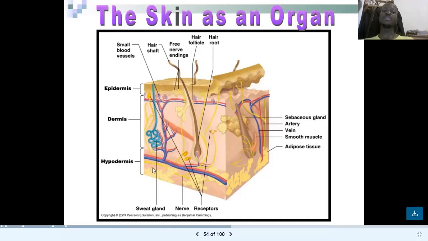This hypodermis is what we are referring to as subcutaneous tissue or superficial fascia. And notice those yellow colorations there are adipose tissue. Because remember, I said this subcutaneous tissue is divided into a fatty layer and a membranous layer.